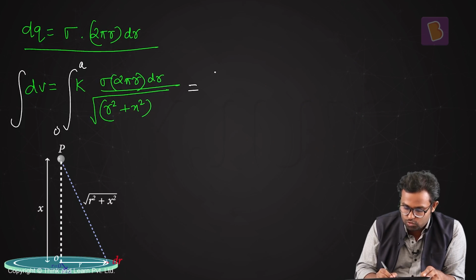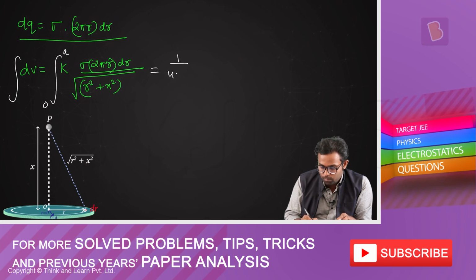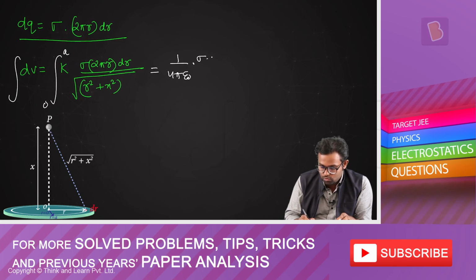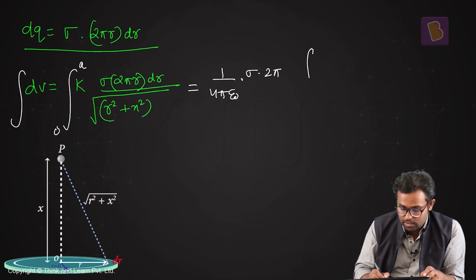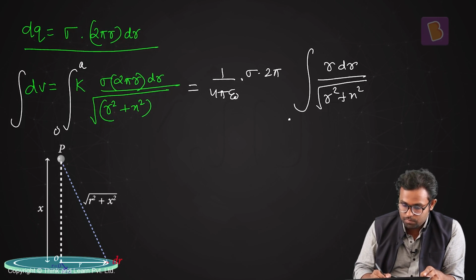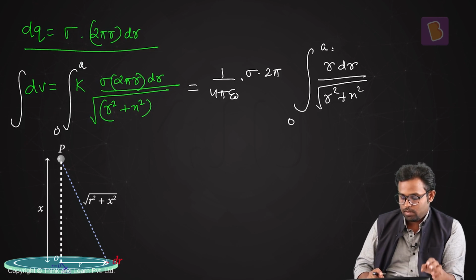So this comes out to be k, which is 1 over 4 pi epsilon naught, times sigma times 2 pi, these are all constants, integration of r dr upon under root of r square plus x square, okay? And this runs from 0 to a, okay?